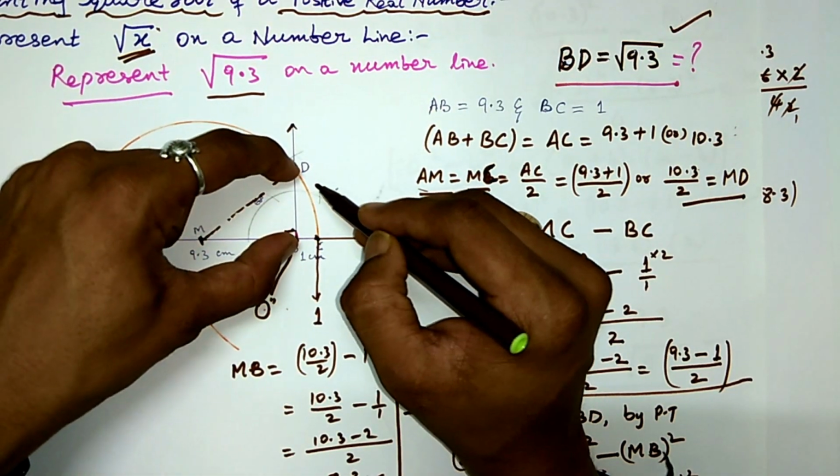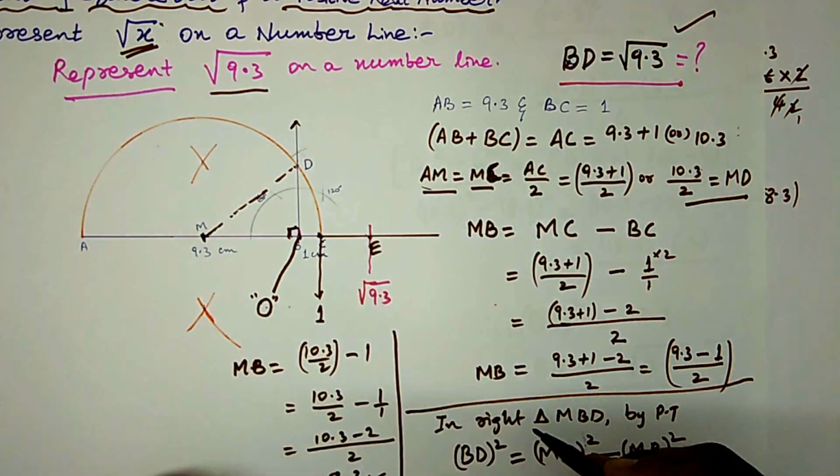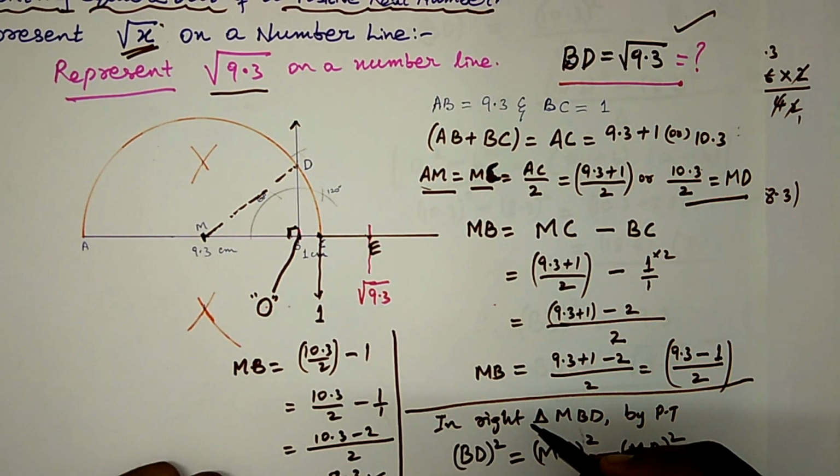The length of this line segment BD will be root under 9.3. This is the procedure that we adopt.